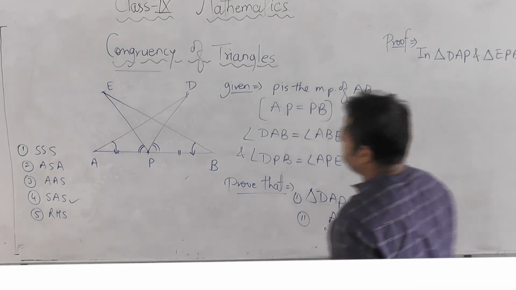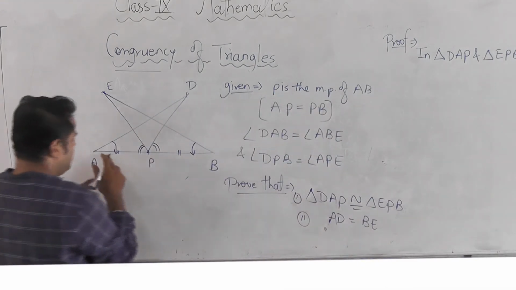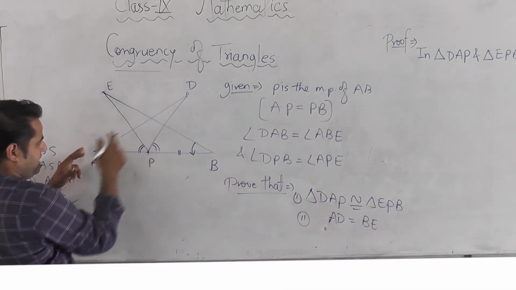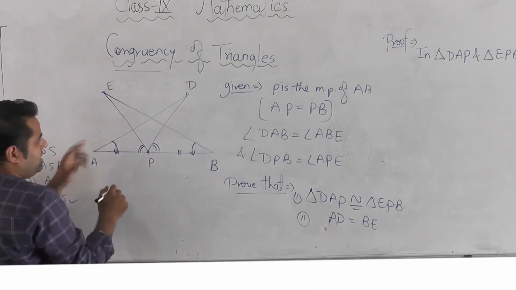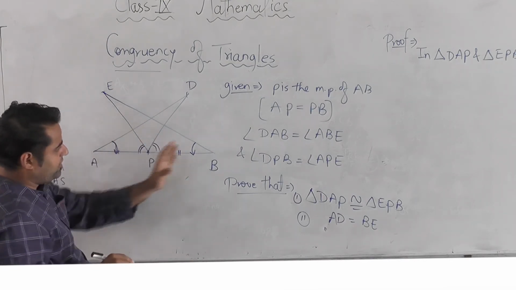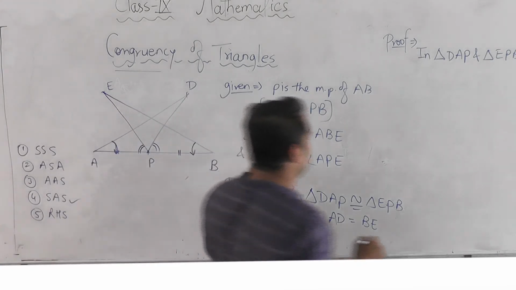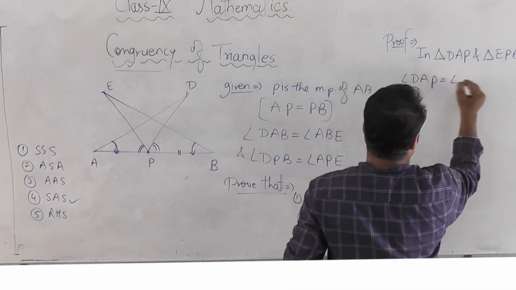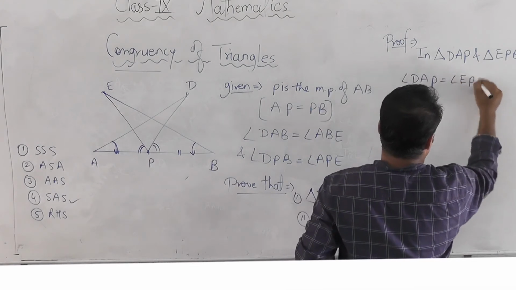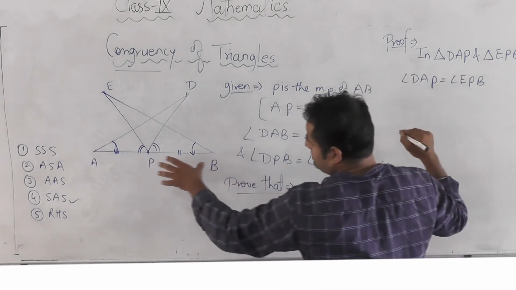Let's compare them. We first compare the angles. So angle DAP is equal to angle EBP, that is given to us.